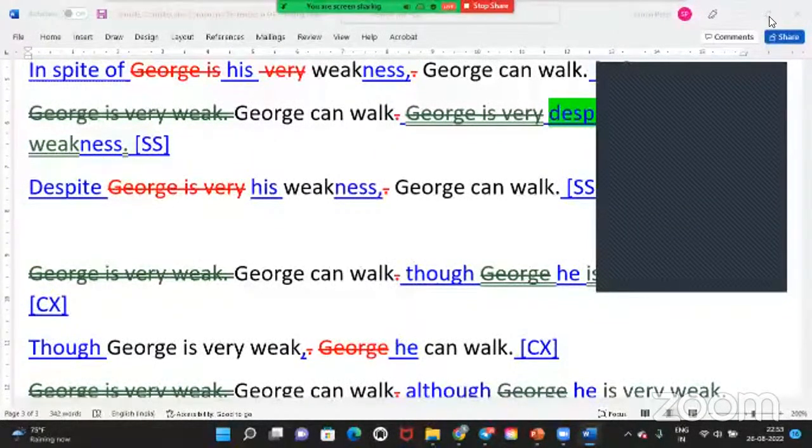So now the next question is, how beneficial is the session to you? 0%, 25%, 50%, 75%, 100%, or 0.0000%.